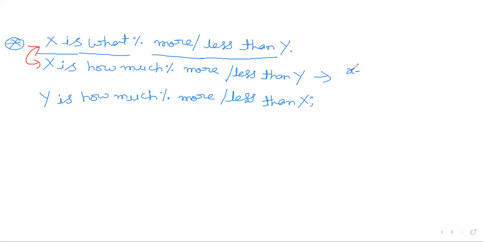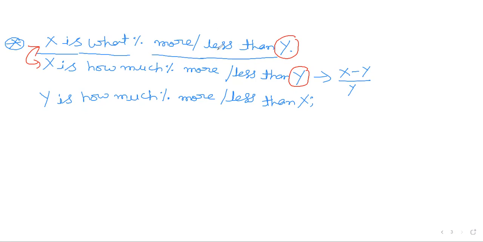X minus y upon y, because this y is the base quantity. This y is the base quantity, so it goes in the denominator, and x is what percent more or less than y.